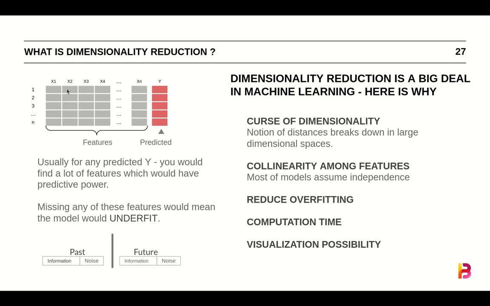So if we are trying to predict the weight of a person by taking his shoe size and height, you are making a huge assumption that shoe size and height are not related to each other. But we know that as a person grows taller, his shoe size would increase. So there is definitely some relation between these two variables.